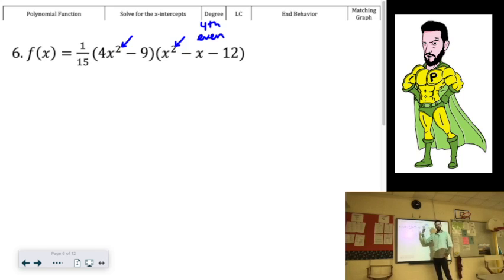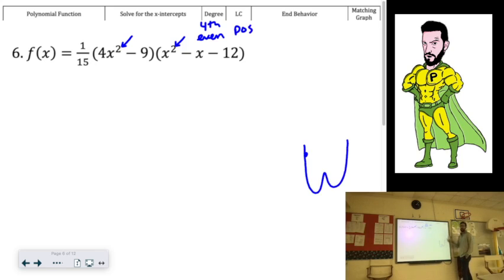So all of it would come out positive. So it's even and it's positive, which means it starts high and it ends high. So as far as end behavior, as x approaches positive infinity and as x approaches negative infinity, either way, it's going upward. So y is going to approach positive infinity.